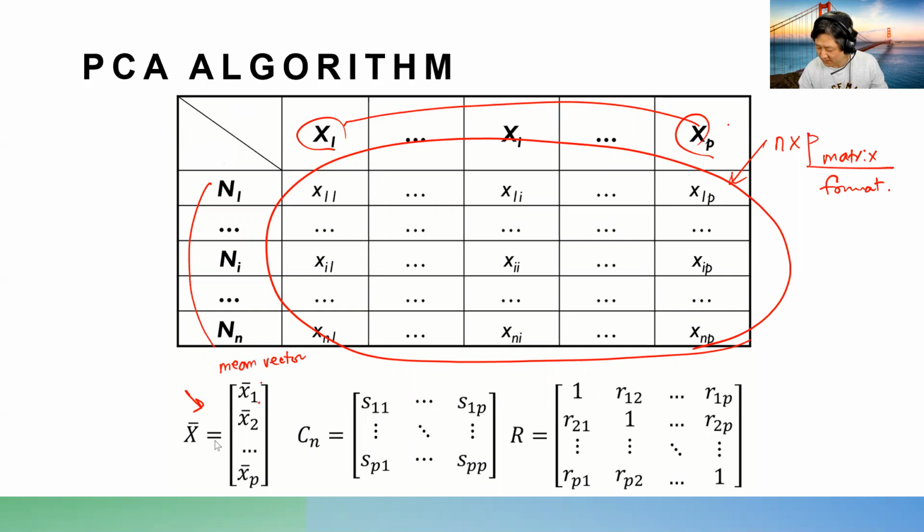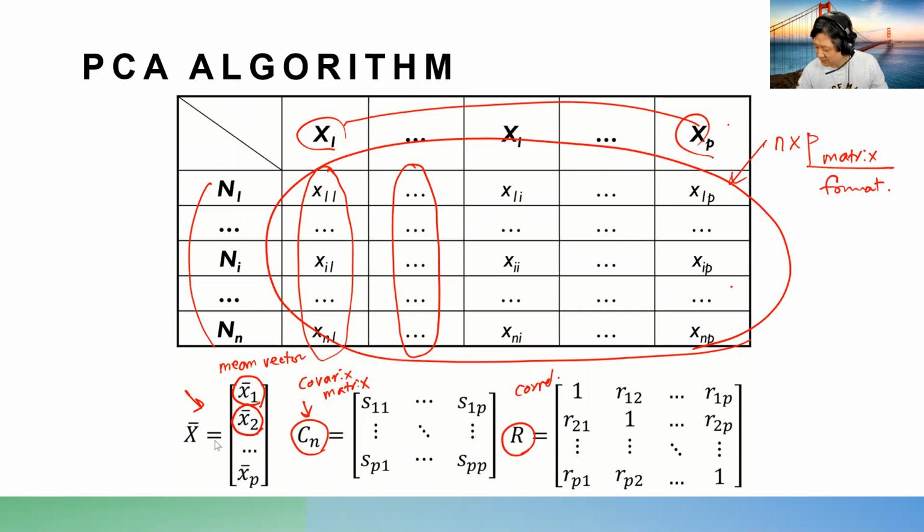So this is the average of these values. The X bar 2 is the average of X2. In that way, we can create the mean vector, right? And this is the covariance matrix. We can get the covariance matrix based on this data set. And then this is the correlation matrix, where the diagonal is all one.